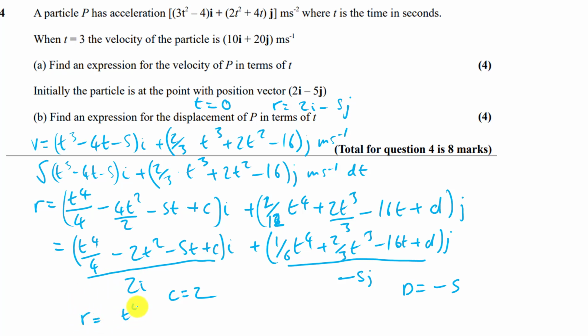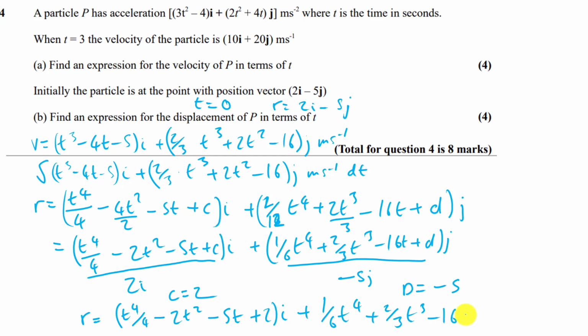So r equals t to the 4 over 4 minus 2t squared minus 5t plus 2, and that's in terms of i, plus 1 over 6 t to the power of 4, plus 2t cubed over 3 minus 16t minus 5, and j. And the key point is it's a distance, and this is in meters, not meters per second. And then, well, yeah, got 4 out of 4 then.